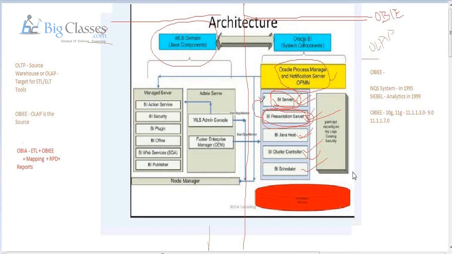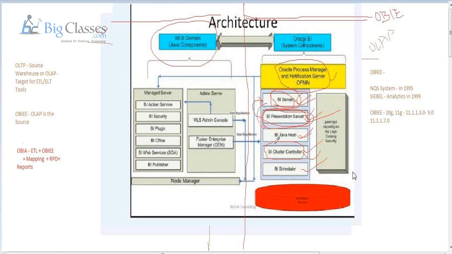This process is taken care of by the cluster control. Also, once the request goes to the database and comes back to the presentation server to view the data in the report, that request is also taken care of by the cluster control.